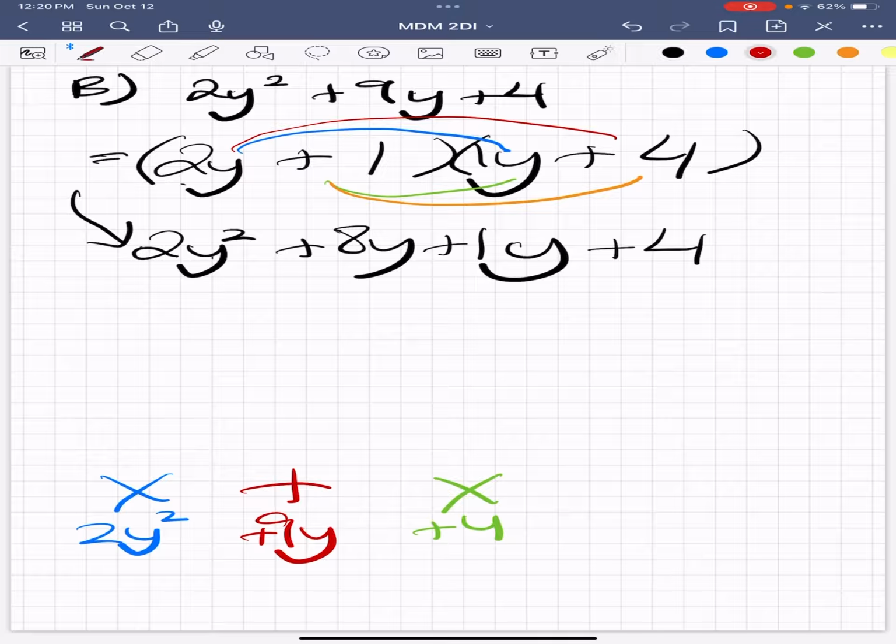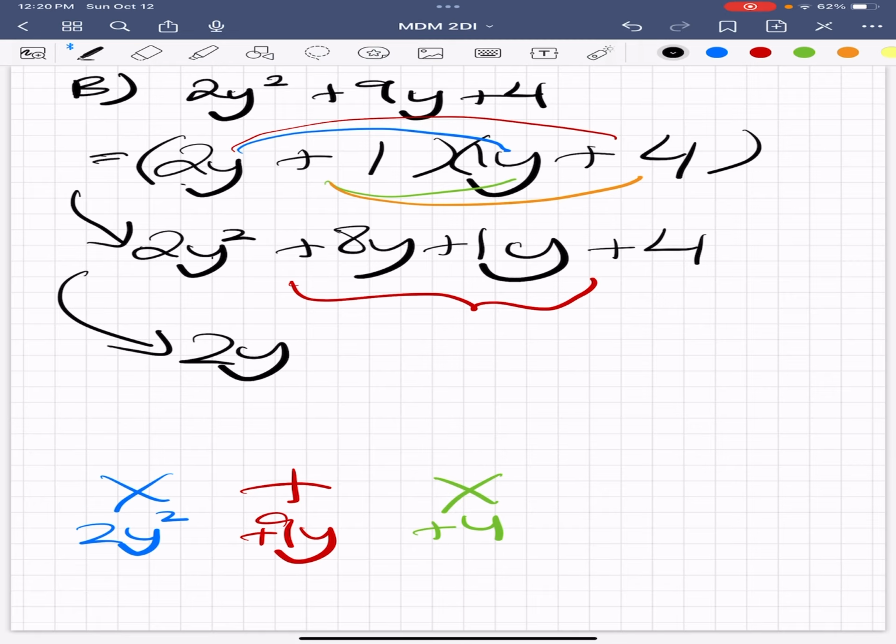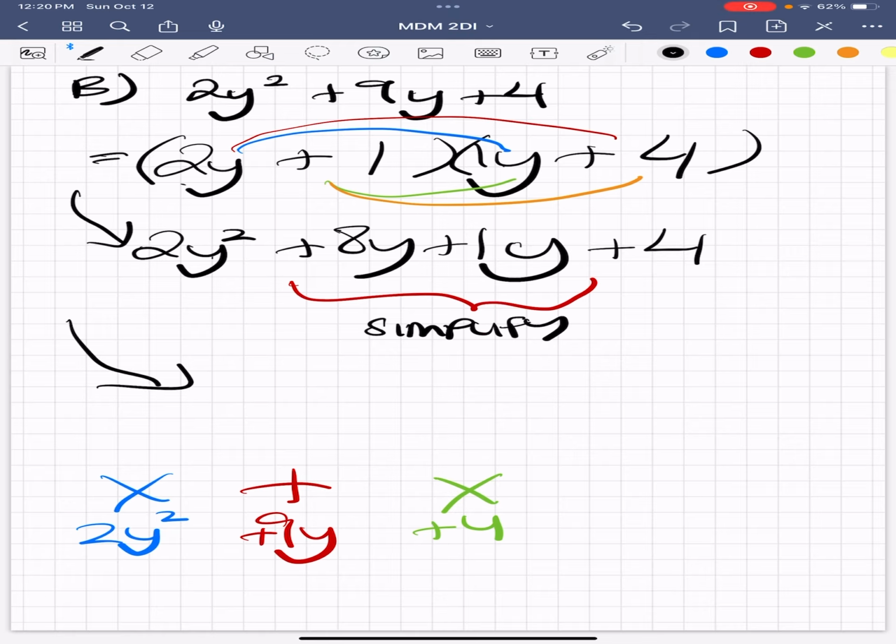Then we simplify: 2y squared plus 9y plus 4.